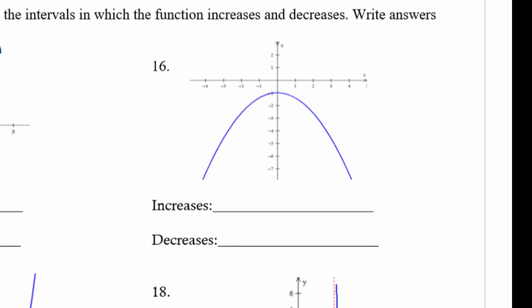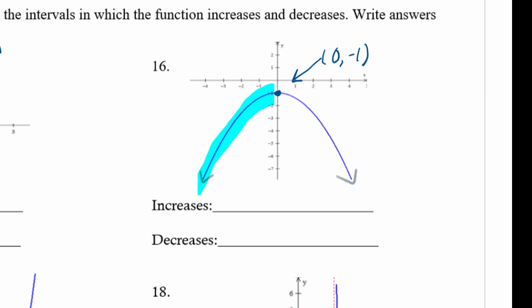Okay, let's take a look at the next example. Now we have a parabola that is pointing downwards, isn't it? So in this parabola, our vertex is our highest point. Vertex is once again at (0, -1), okay? But this time around, our leftmost branch here is actually our increasing branch.